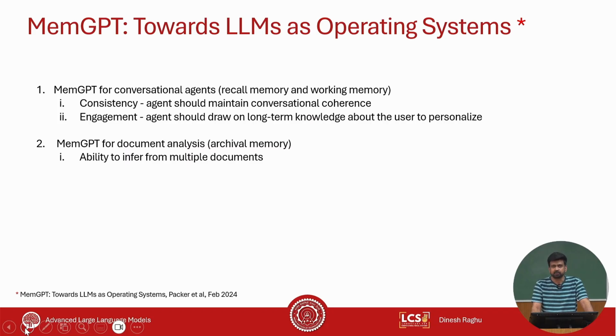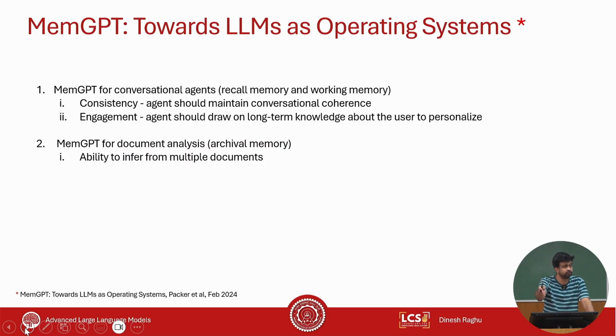The second thing is engagement. When you start talking to people, typically when you ask them very usual questions like, oh, how was your day? How was the weather? Is everybody good at home? Then it doesn't look very engaging and personalized, right? It feels like they're just asking for the sake of asking. But let's say they say, hey, how is your friend, and then say your friend's name.